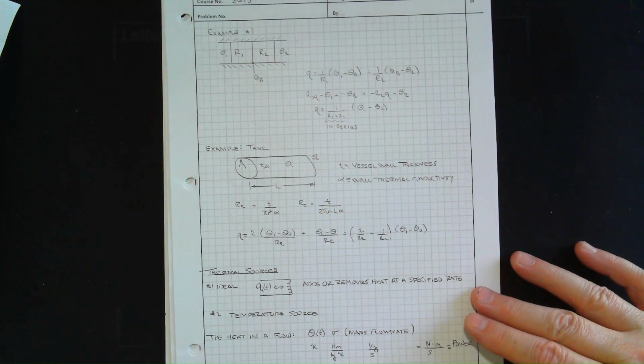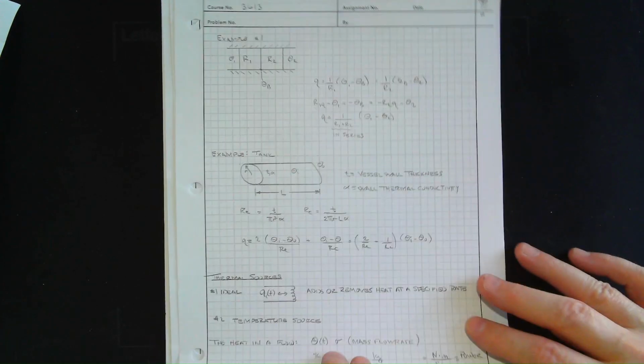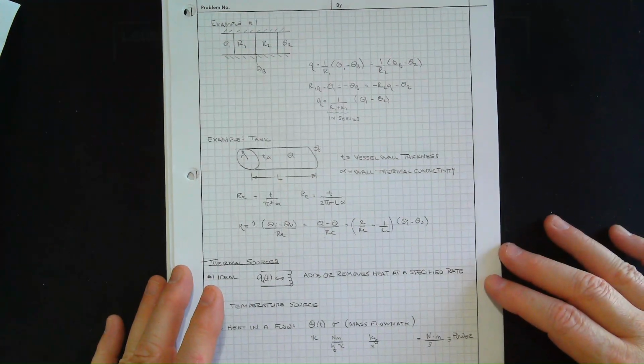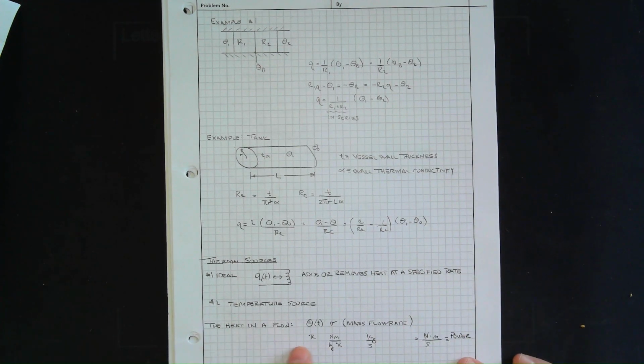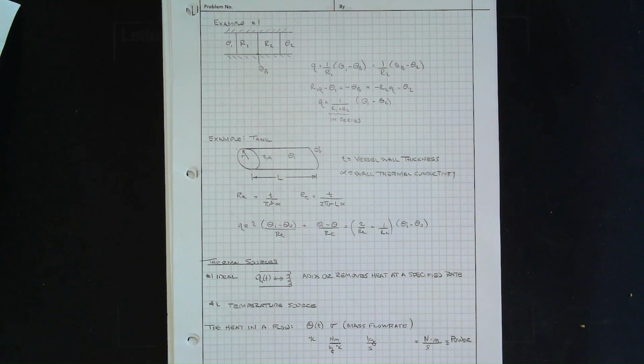Last thing amongst our introductory things we're going to take a look at would be the equation for heat in the flow. It's the temperature times the specific heat times the mass flow rate. And that's what we have. There we go. So I will end things right here, and we'll talk more in a moment.